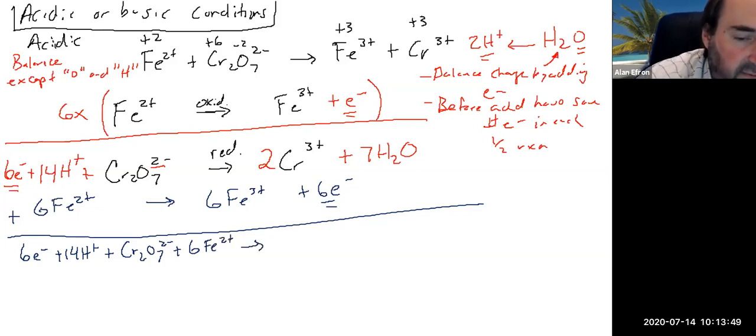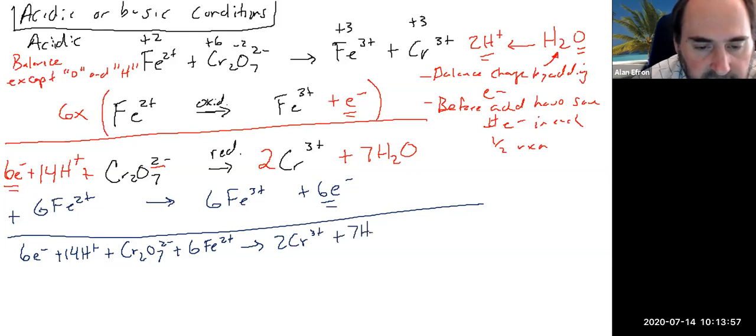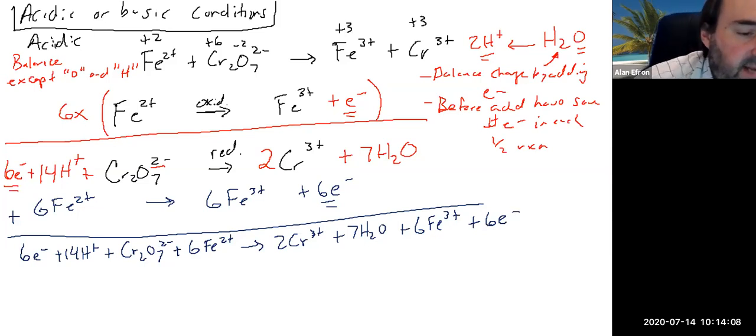That takes care of everything on the left-hand side of the arrow. On the right-hand side of the arrow, we got 2 Cr3+ plus 7 waters plus 6 irons with a plus 3 charge and 6 electrons.